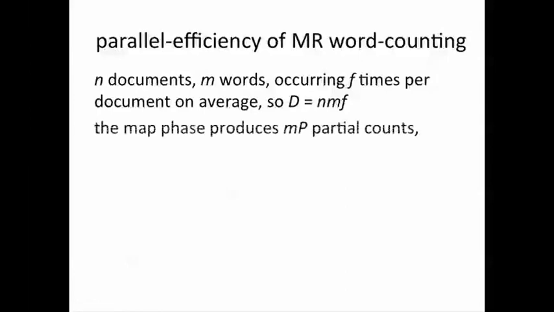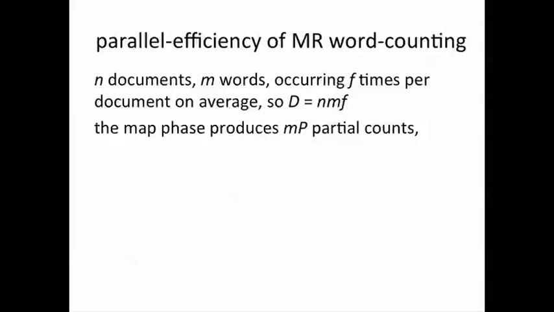Now, after the map phase, using combiners, we produce p into m partial counts, that is m different partial counts per mapper, and there are p mappers. At worst, there will be mp partial counts. Some mappers may not produce counts for words which don't occur there, but we don't worry about that.